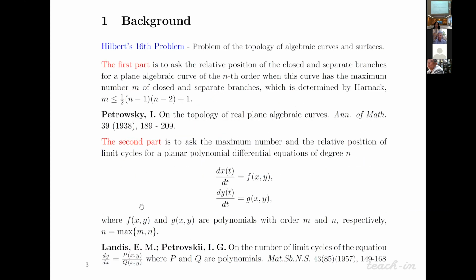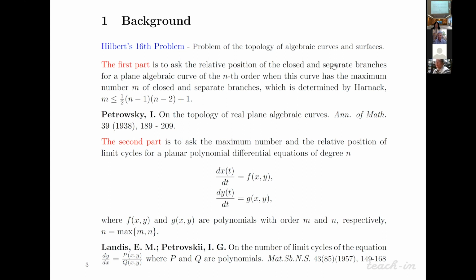Oh, yes, this system, and when f and g are degree 2 polynomials, when m and n equal 2. What is the formulation of the 16th Hilbert problem for the quadratic system?